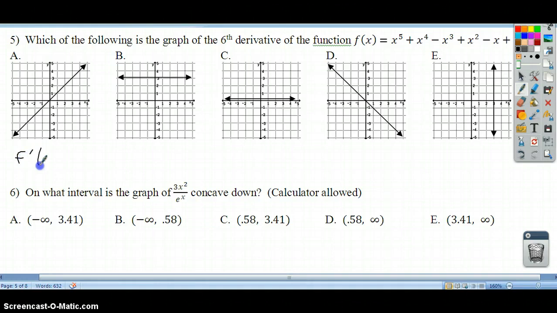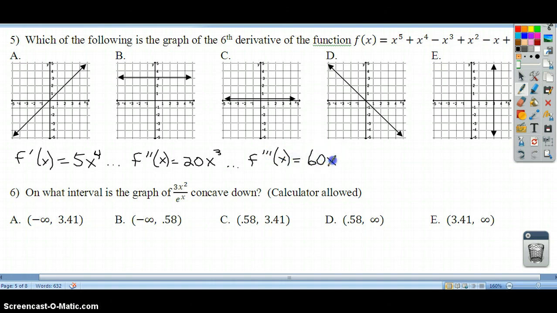So, and I'm going to keep track of it here. So f prime x is, I'm going to put dot, dot, dot. I don't need to write all that stuff. Dot, dot, dot, f triple prime, dot, dot, dot, f quadruple prime.